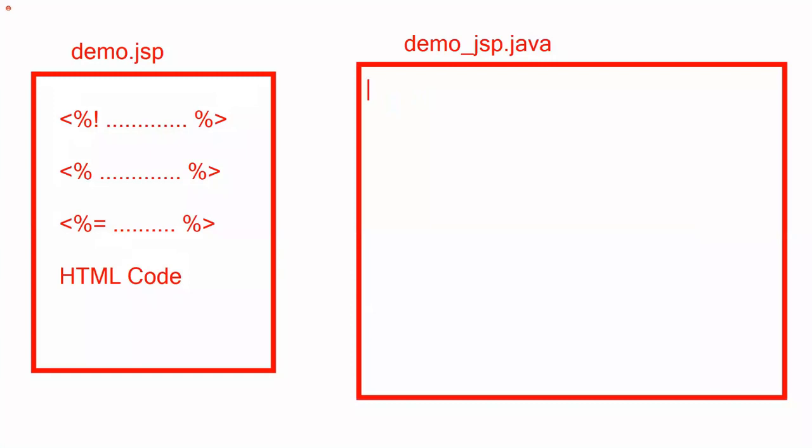Here, one class is created: public final class demo_JSP, extends HttpJspBase. Those are all created; we will leave it.